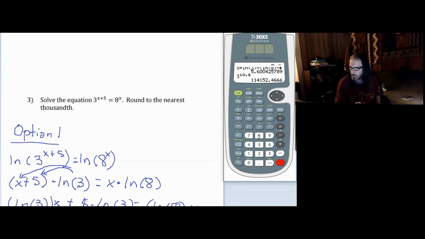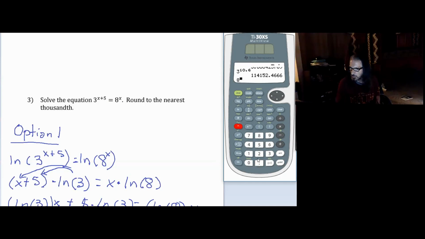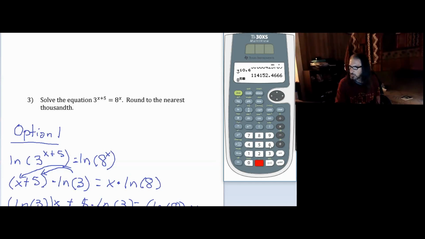Whereas we're just putting in the 5.600 as a power of 8. And it's because of the rounding that these are that far off. But still, 114,100 something. They're both pretty close.